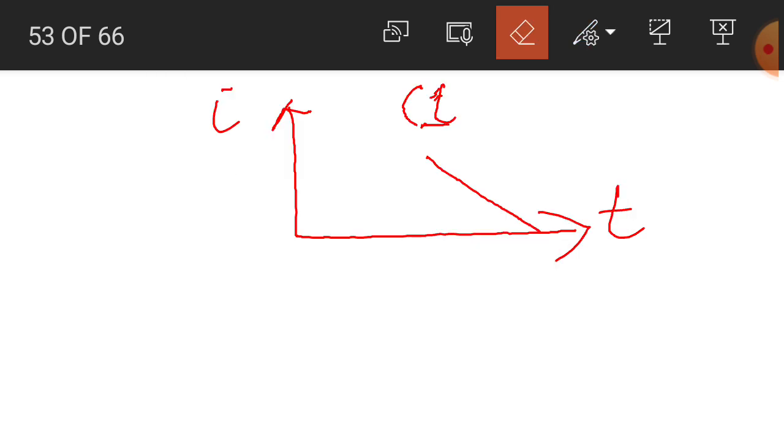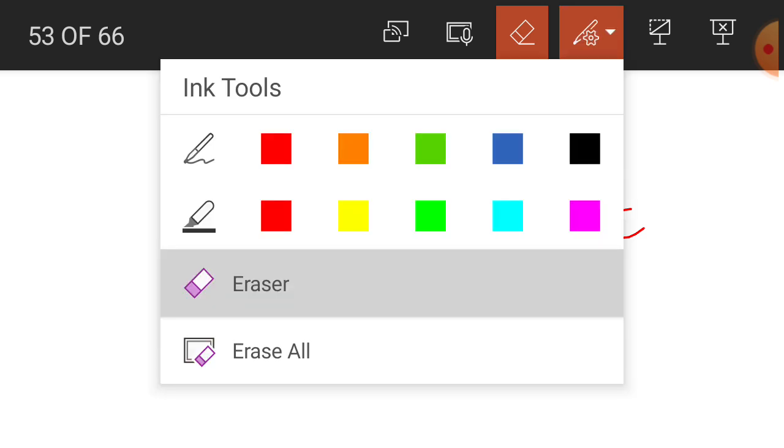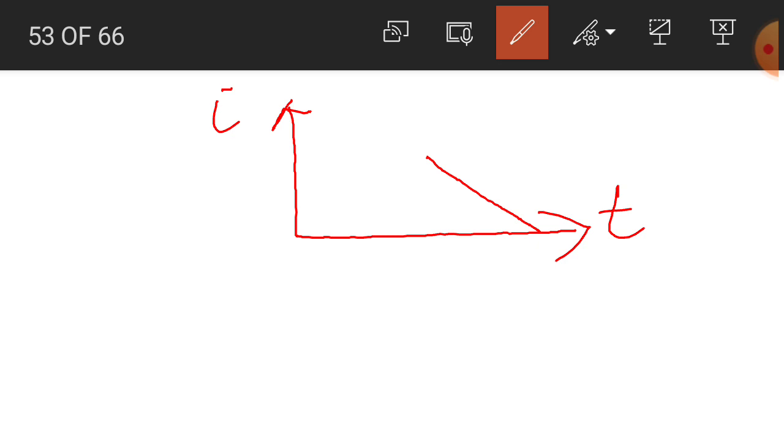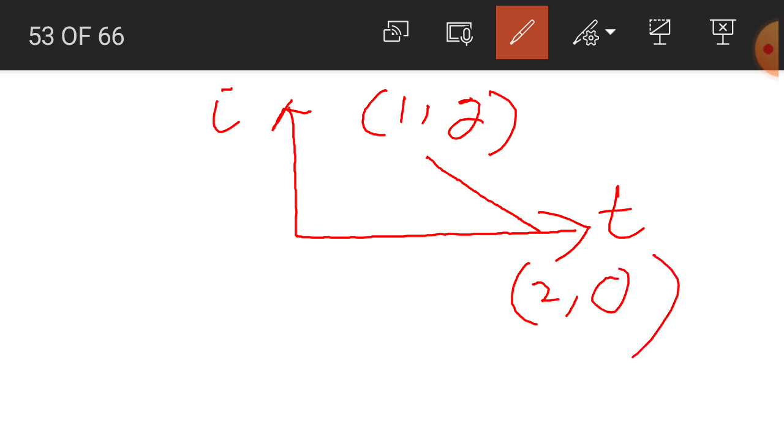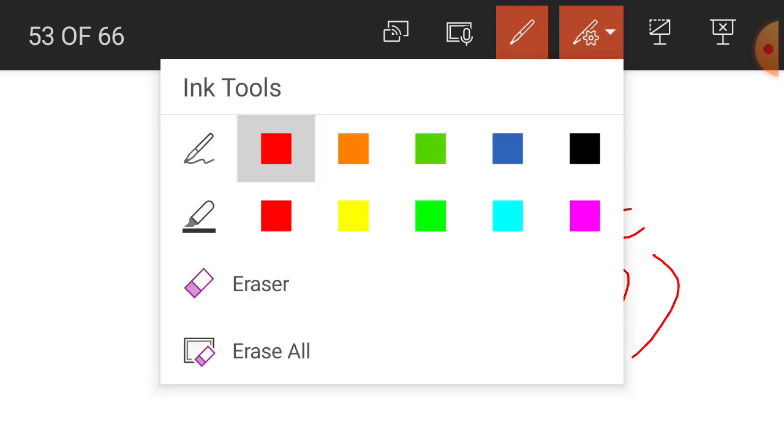Let me erase it. We consider this end of the line where the time is 1 and the current is 2. Then we consider this end of the line where the time is 2 and the current is 0. So we calculate the slope.